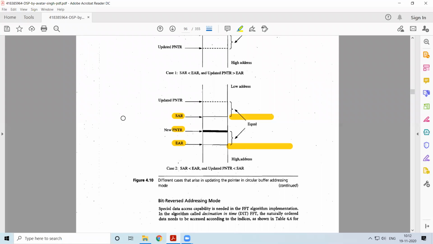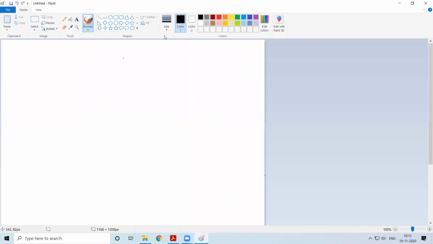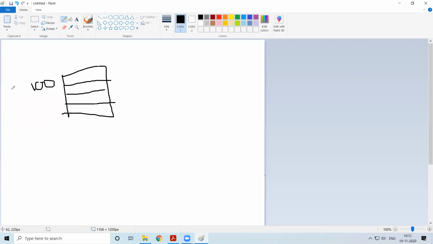Now if I just take an example, suppose you have these four locations. So this is 100, let me call this SAR, and EAR as per this would be 101, 102, and 103. So what is the buffer size?